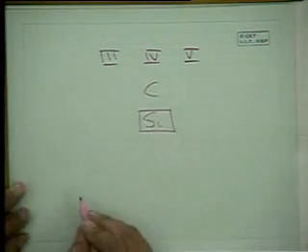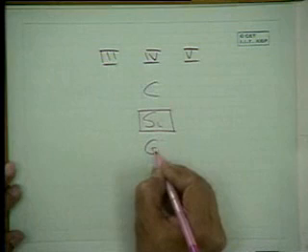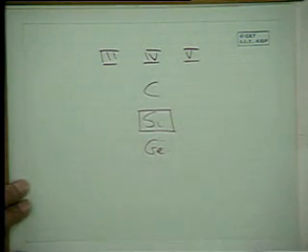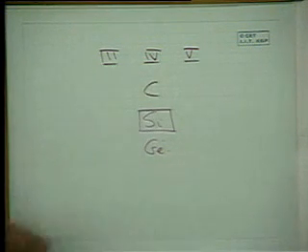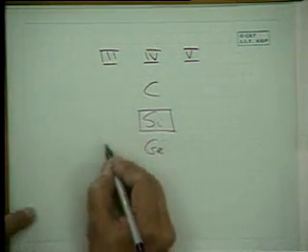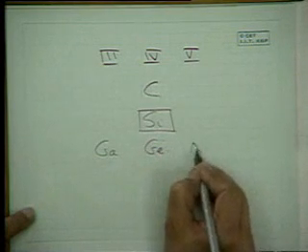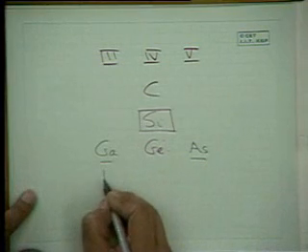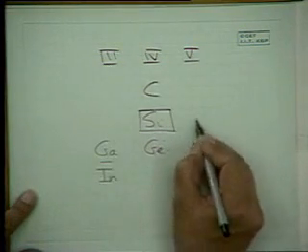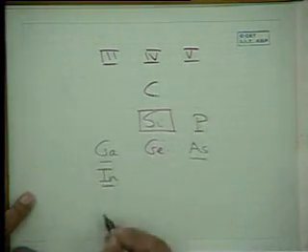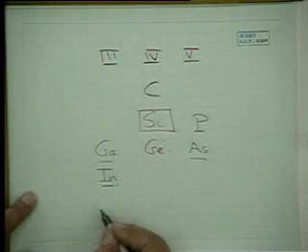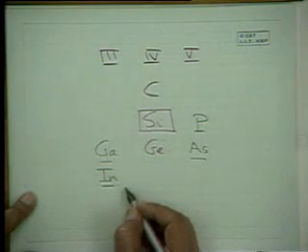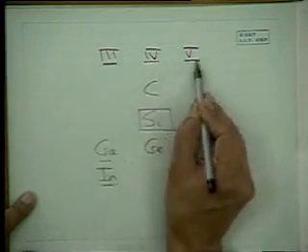The earlier semiconductors were germanium, but the most important from the point of view of optoelectronics are the 3-5 compounds, notably gallium arsenide, indium phosphide, and other combinations of elements in group 3 and group 5 of the periodic table.